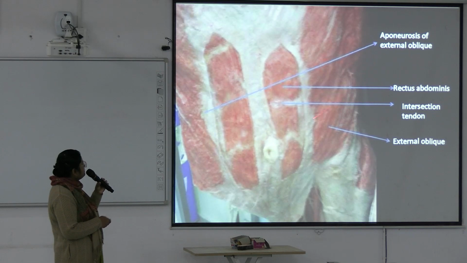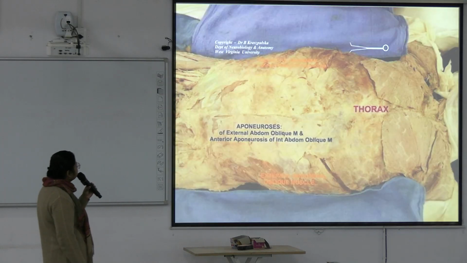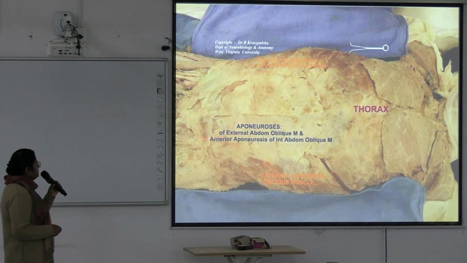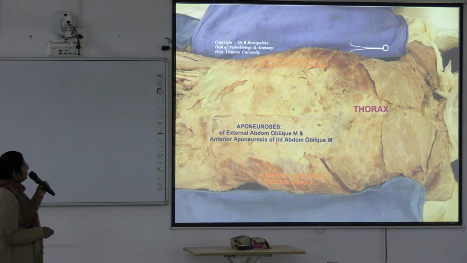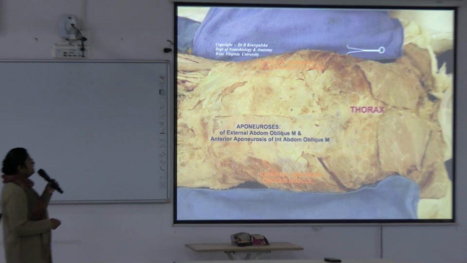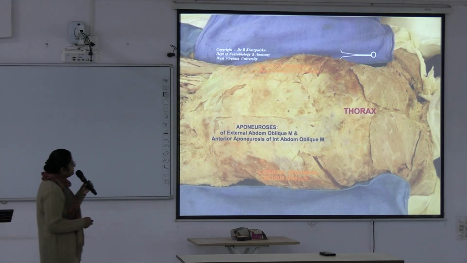Here is the muscle portion, and this white portion is the aponeurosis portion of the external oblique. Next, the aponeurosis of external oblique muscle and anterior lamina of internal oblique forming the anterior wall of the rectus sheath.